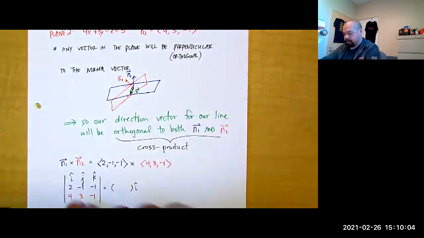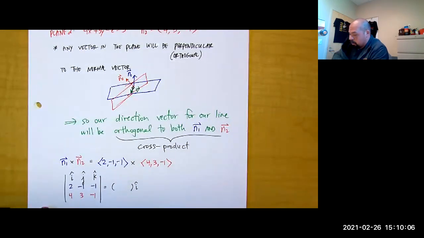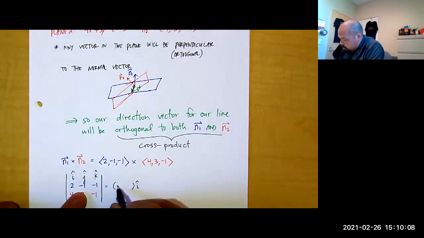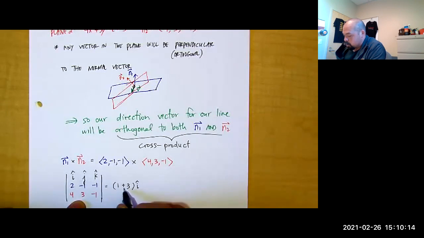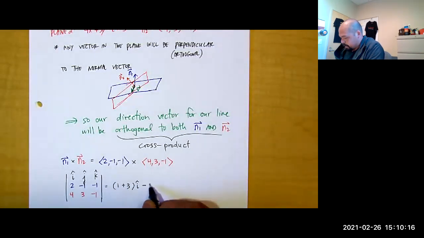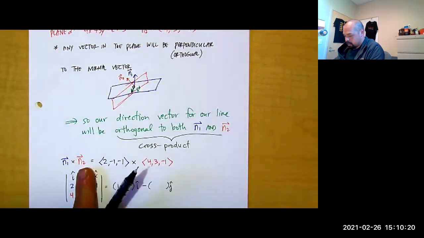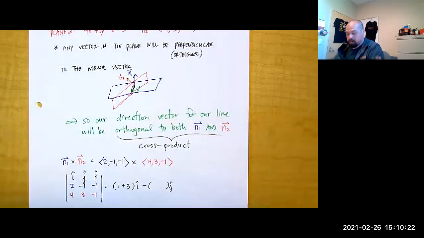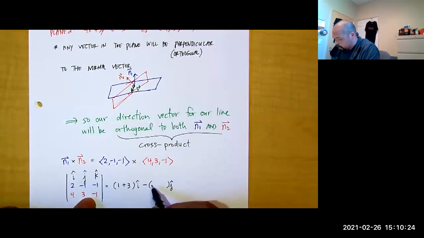going through that 3 by 3 determinant, crossing out that column, that row, doing our minor, we're going to compute here 1 minus -3, which is 1 plus 3, minus, and now for the j, cross out that column, that row, we're going to get here 2 times -1, -2, minus a -4, so plus 4.